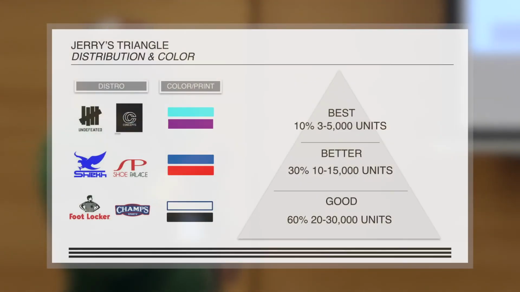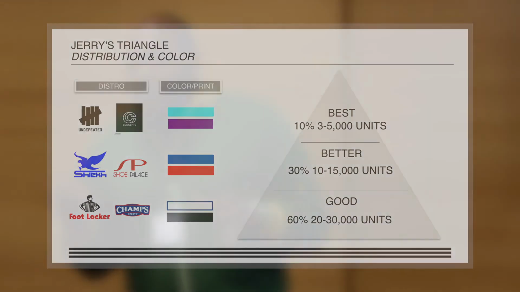If you look at Undefeated, Concepts, Undefeated, I think most of you know, an LA-based sneaker boutique, maybe one door. You put your distribution into that. Colors like purple and teal we're talking about here in your 10%. That's basically where the formula starts to come together, right? You're looking at how many guys are going to buy an all purple shoe.